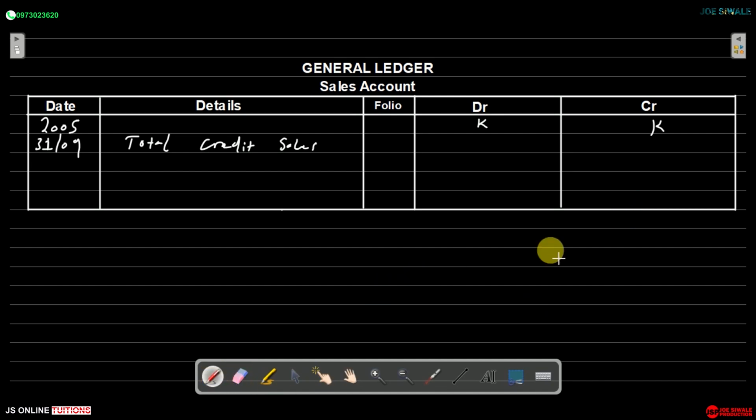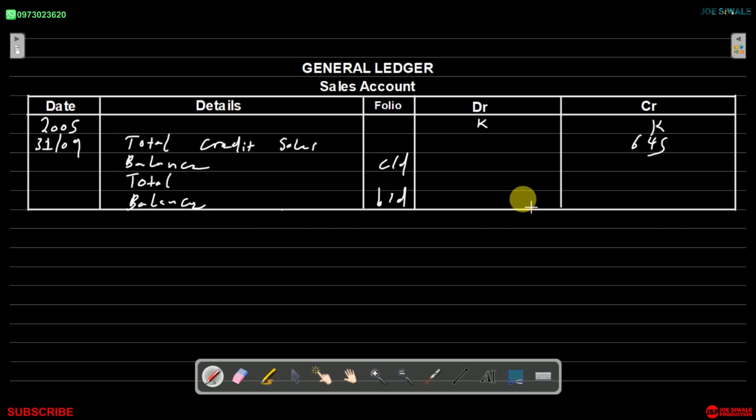So we're going to show that amount, 645. There we can find our total, and we can find our balance carried down and our balance brought down.